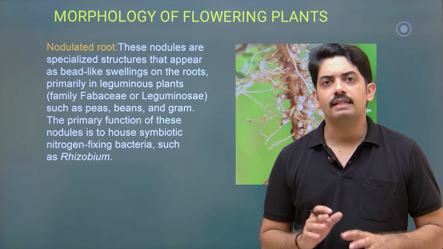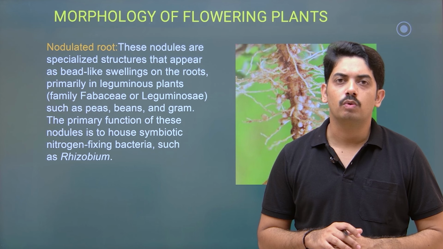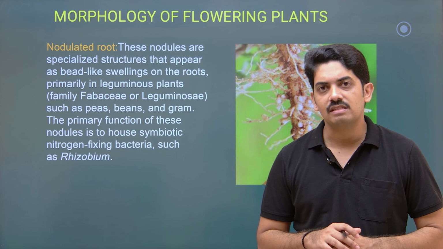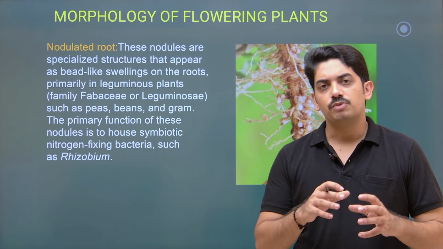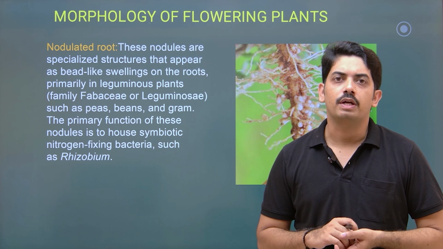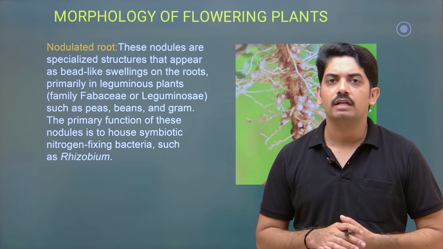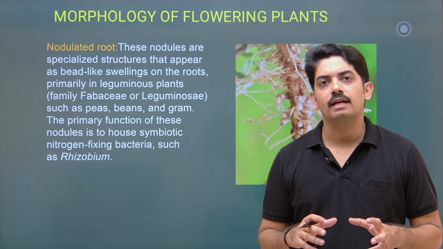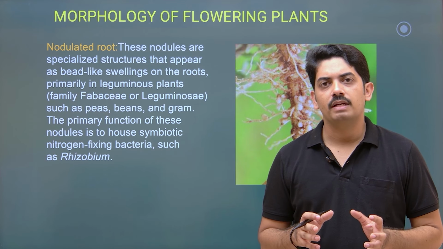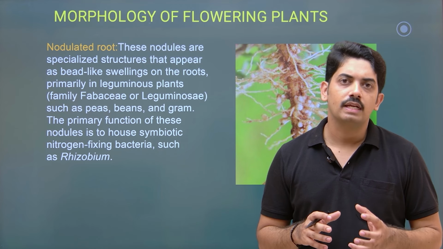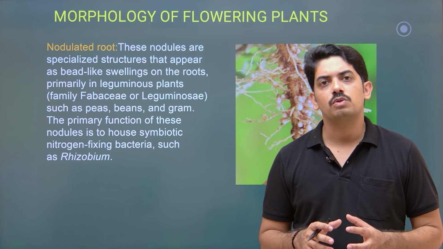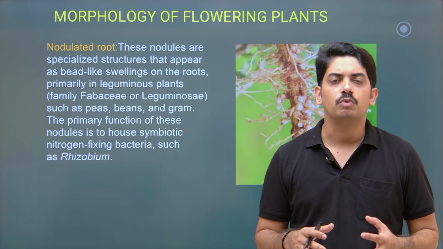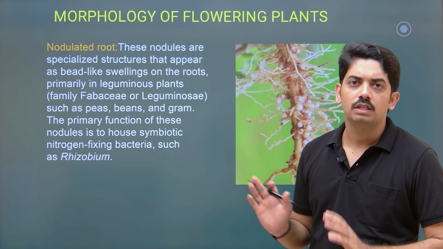So these plants produce leghemoglobin, which is an oxygen scavenger, which absorbs all the oxygen in the nodule so that it can create anaerobic condition for Rhizobium bacteria, and that Rhizobium bacteria utilizes that anaerobic condition and by using its enzyme converts the nitrogen to nitrite, nitrates and ammonia, and that is available for the plants.